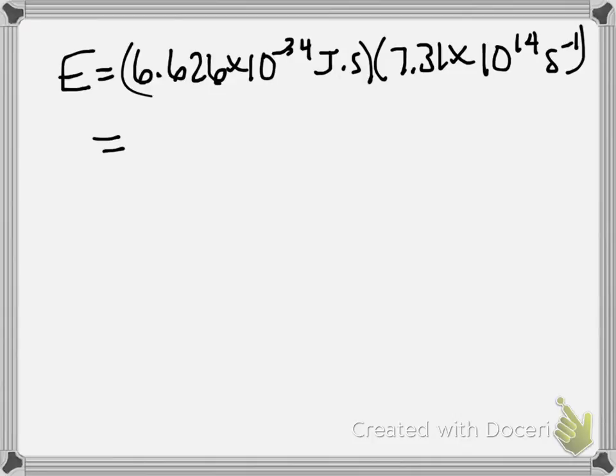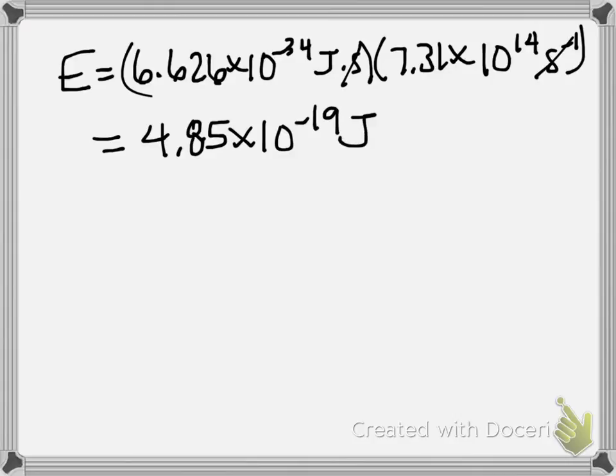So my energy equals 4.85 times 10 to the negative 19th. The seconds cancel, so I'm left with the joules. That's joules per 1 photon. So 1 electron moving, 1 wavelength of light.